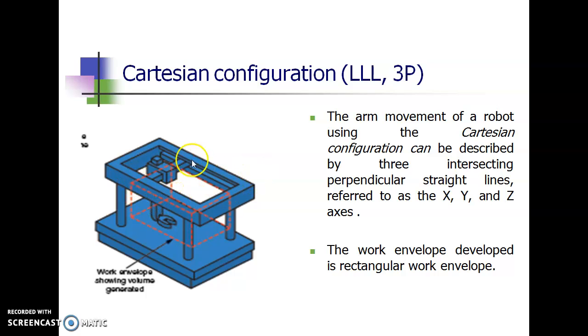From the diagram, the work envelope formed is a rectangular work envelope, or otherwise a rectangular prism. So the work volume or workspace of the Cartesian configuration is rectangular, or otherwise it can be called a rectangular prism.